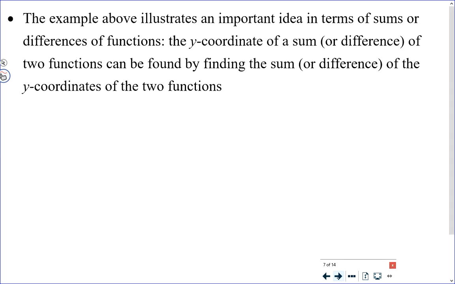If you are looking for the y-coordinate of the sum of two functions, it will always be found by adding the y-coordinates of the two functions. If you're looking for the y-coordinate of the difference of two functions, then you subtract the two y-coordinates to get the new y-coordinate. It's always the y-coordinates that are being added or subtracted.